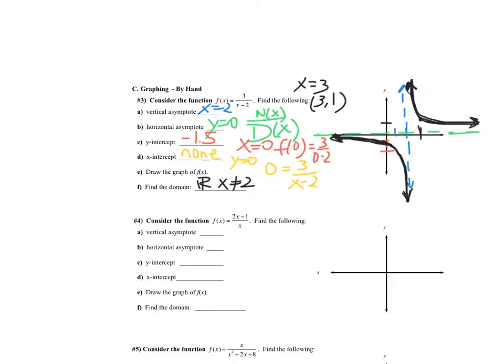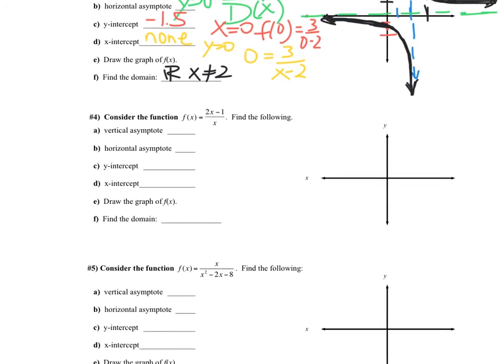All right, let's look at number 4. Here we go. Consider the function 2x minus 1 over x and find the following. First, find the vertical asymptote. So our vertical asymptote is going to be the 0 of the denominator, which is x equals 0. So we'll put that in over on our graph, x equals 0.